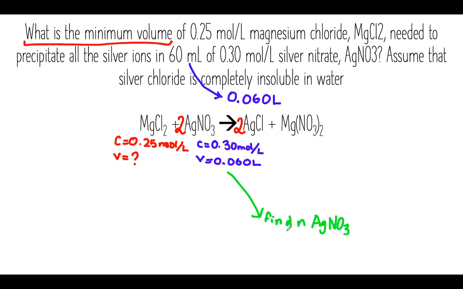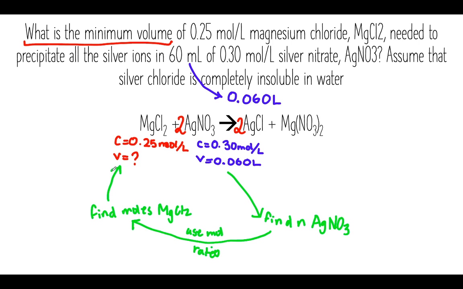Then stoichiometry is always about mole ratios. So find the moles of what you're given, and then you need to use your mole ratio to find the moles of what you need to end up with. So I can use the mole ratio to find moles of MgCl2, and then use that to find the volume.